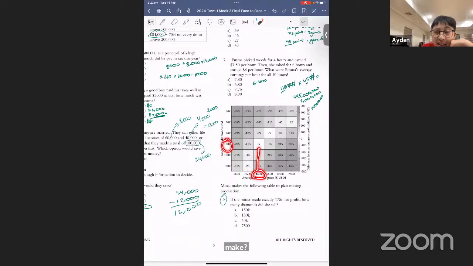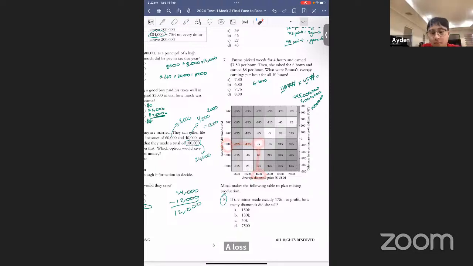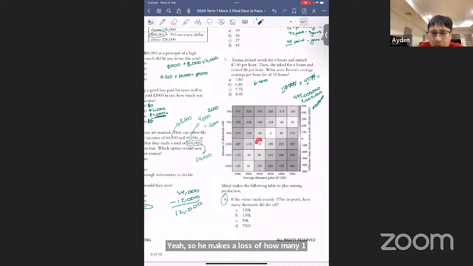You make -5. So what does that mean? Does he make a profit or a loss? A loss. Yeah. So he makes a loss of how many million? $5 million.